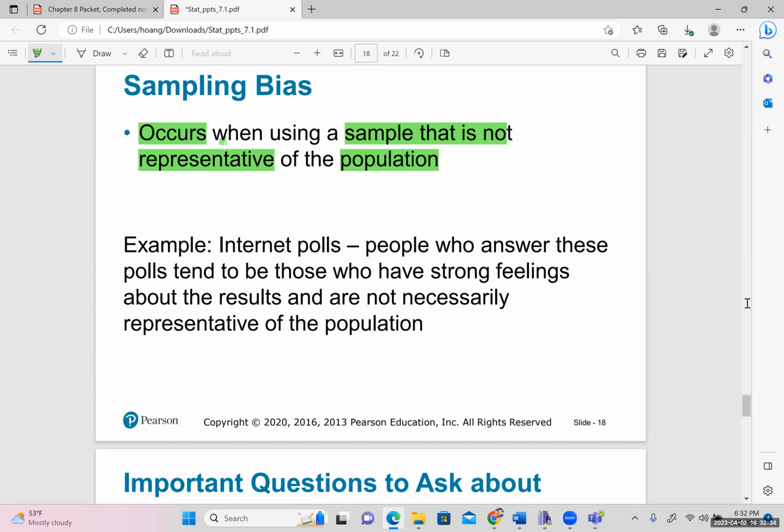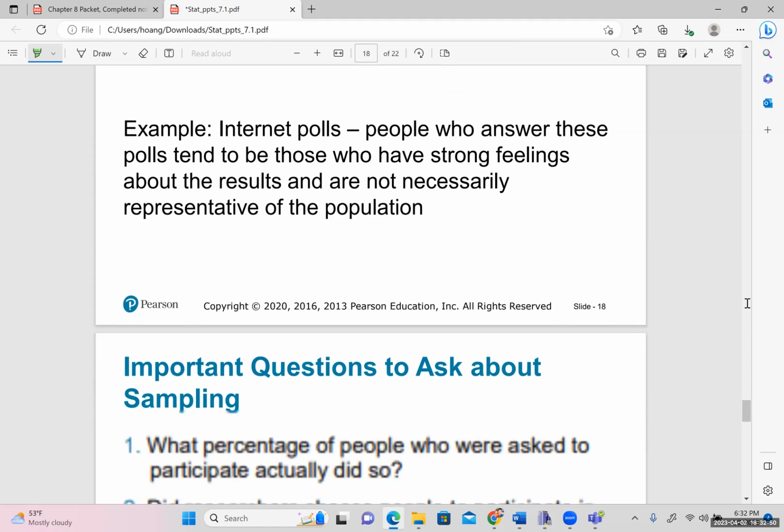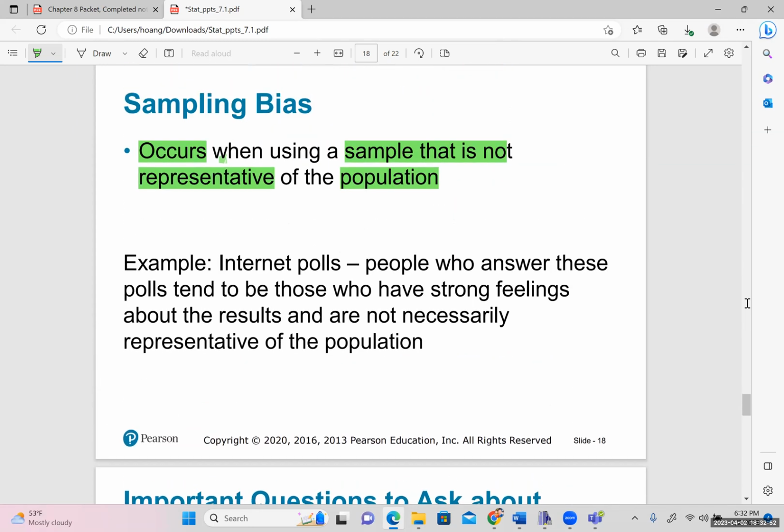So that will make a bias for the sample, right? Because you are actually missing some people who are older. Okay, so that is about sampling bias.